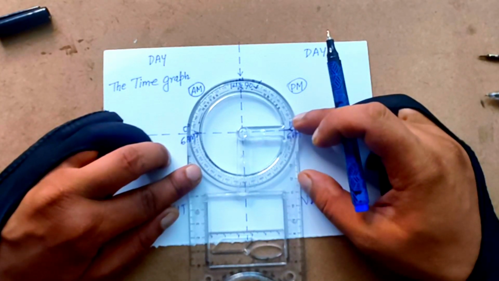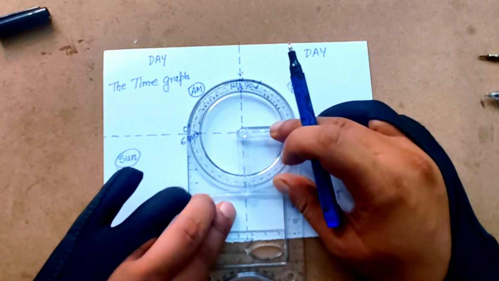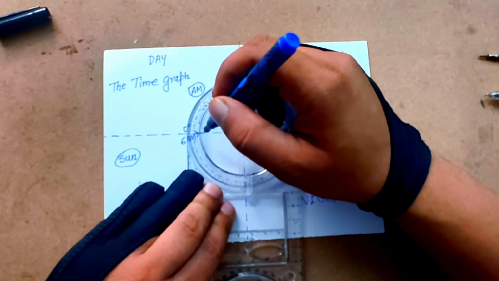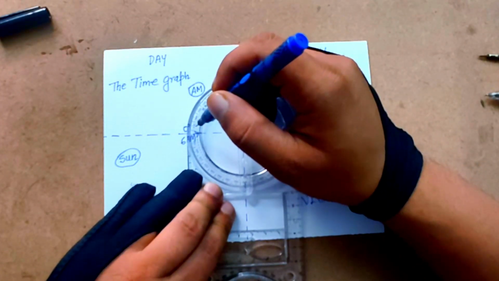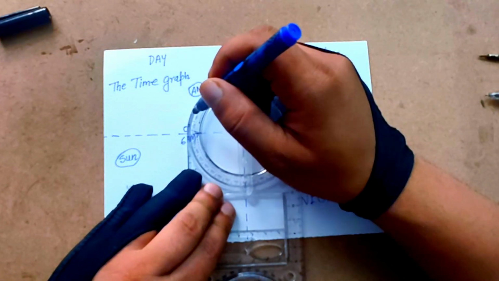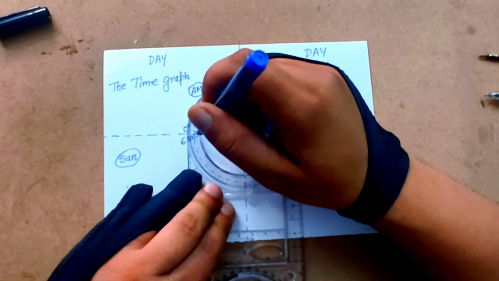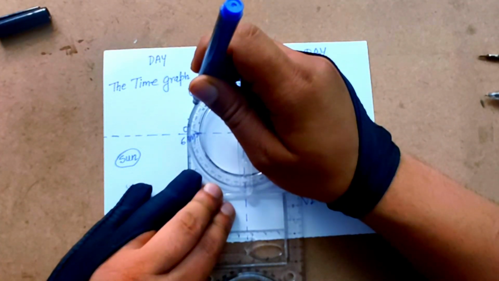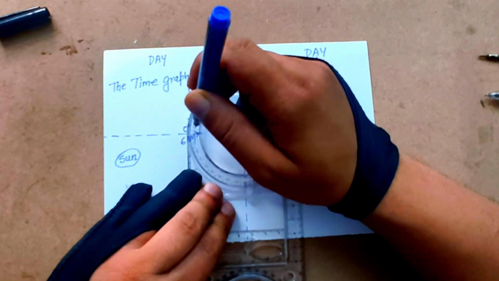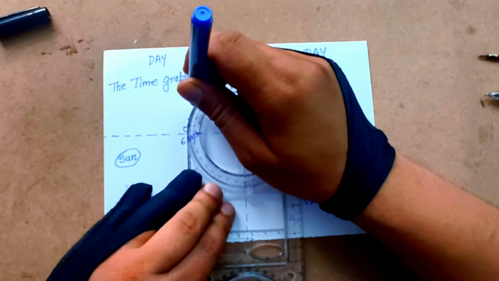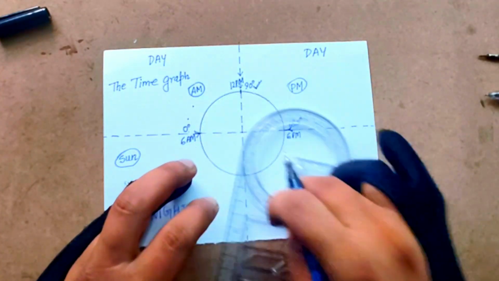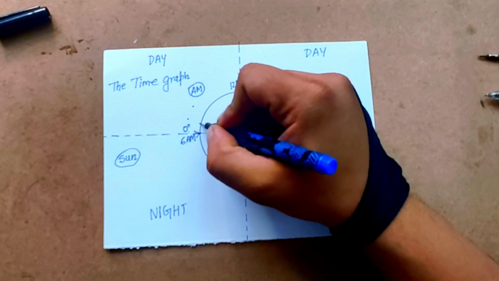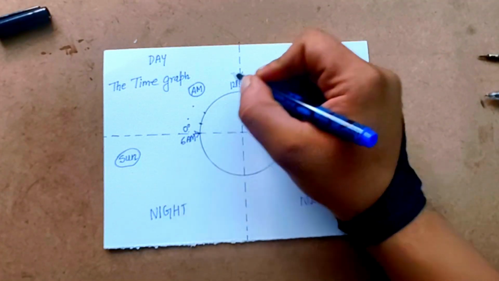I put this protractor on the upper part, and if I started with 0, the next will be 15 degrees. After 15, the next will be 30. I'll show you in upcoming slides how to take the angles. So it will be for 7 a.m., 8 a.m., and so on.